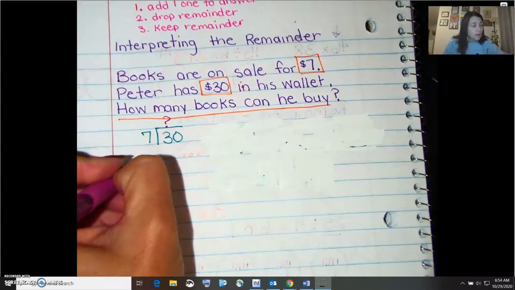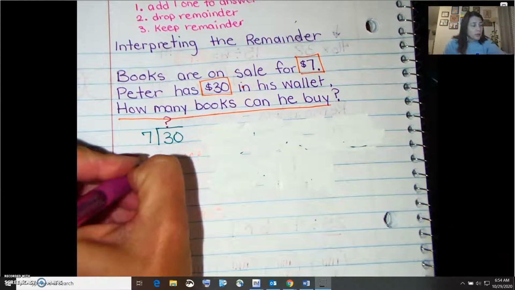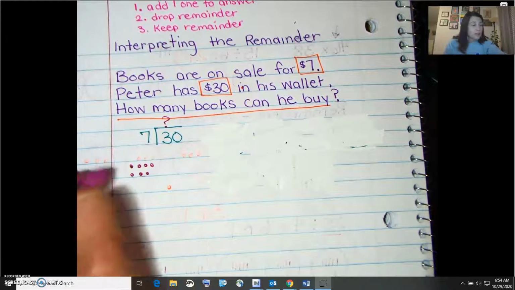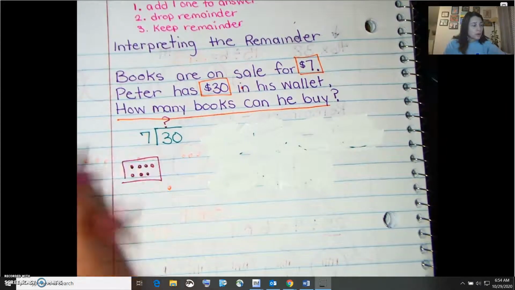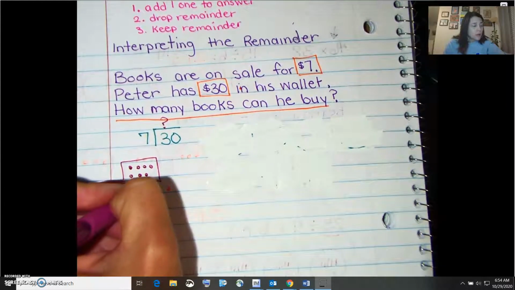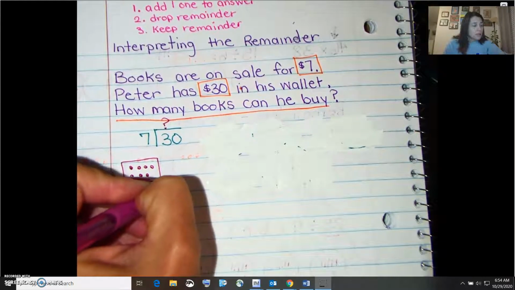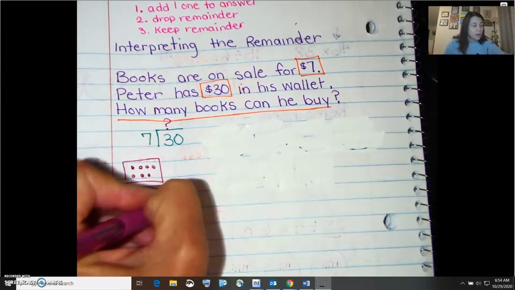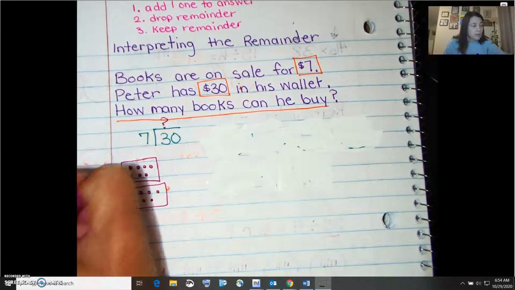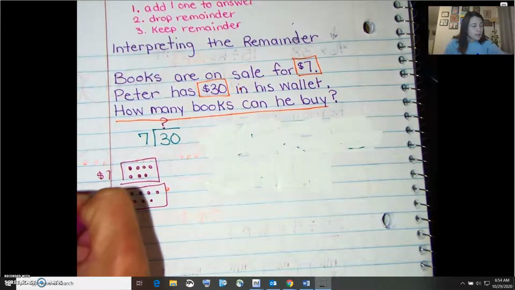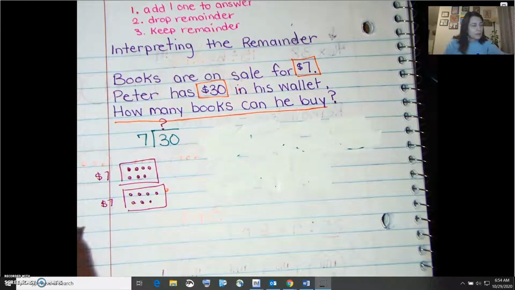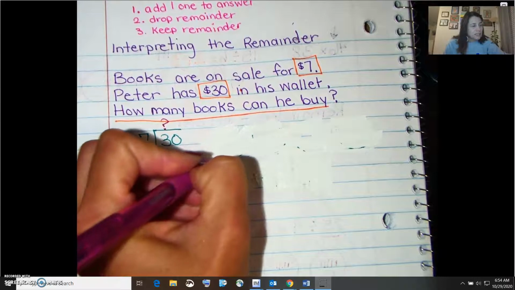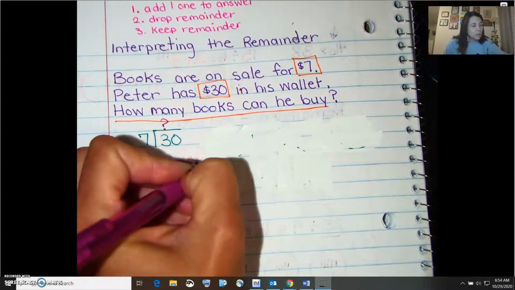So we have 1, 2, 3, 4, 5, 6, 7. That's one book. 8, 9, 10, 11, 12, 13, 14. That's another book. That's $7, and we're at 14. 15, 16, 17, 18, 19, 20, 21.